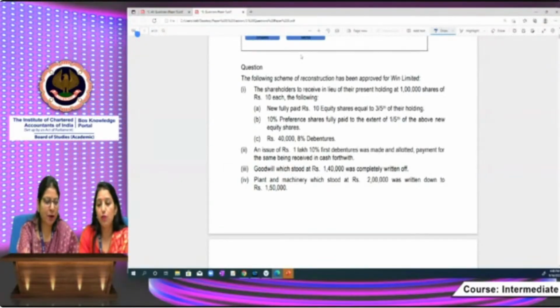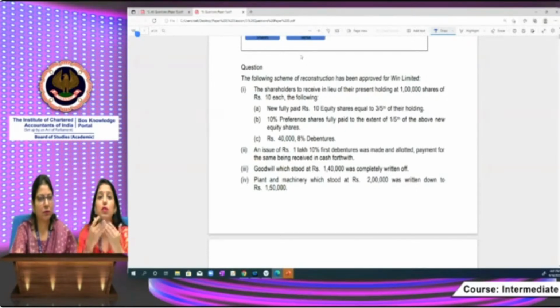So you just have to pass the accounting entries and prepare the balance sheet on the basis of the information provided in the question. If the company has decided to write off the goodwill or the profit and loss, then you have to pass the journal entries for writing off any goodwill or profit and loss. And if the company has decided to pay off the debentures, then you have to pass the entries related to paying off the debentures or trade payables.